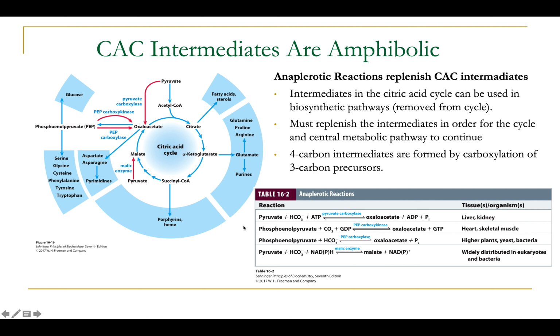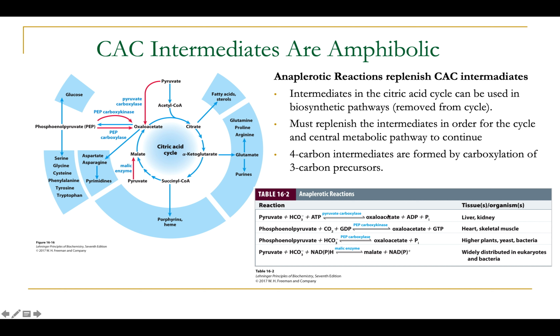There are a number of anaplerotic reactions, but the majority of them focus on replenishing the last metabolites of the citric acid cycle, oxaloacetate and malate. They produce 4-carbon compounds using 3-carbon compounds as the precursors. And in fact, we are familiar with some of these anaplerotic pathways through our prior discussion on glycolysis and gluconeogenesis.